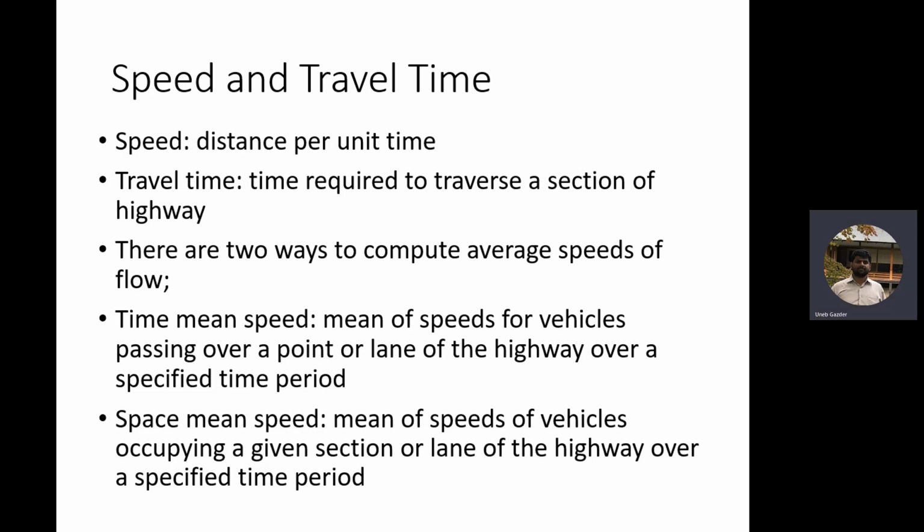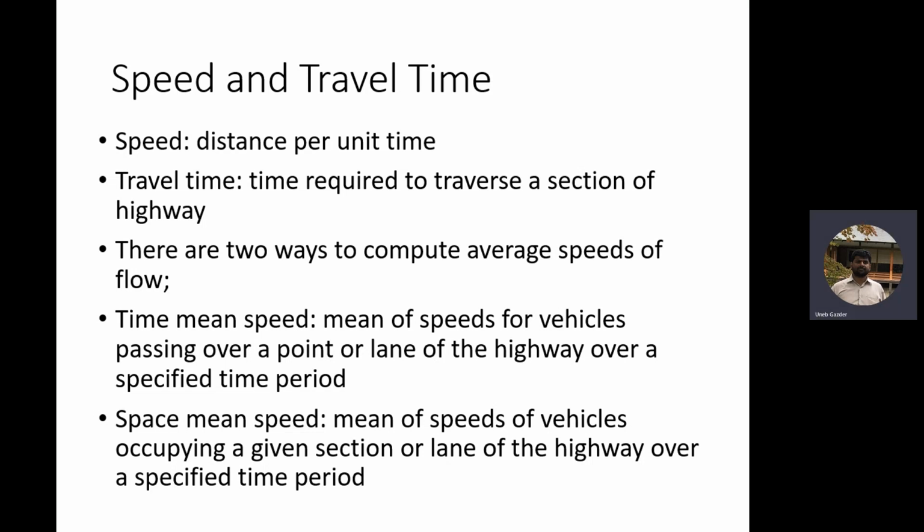In the first one, we are calculating the speed of the vehicles as they are passing a point, or a lane. In the second one, we are interested in a section, not a point.